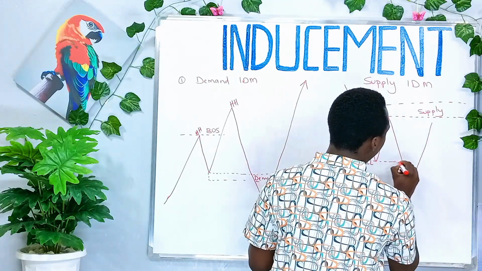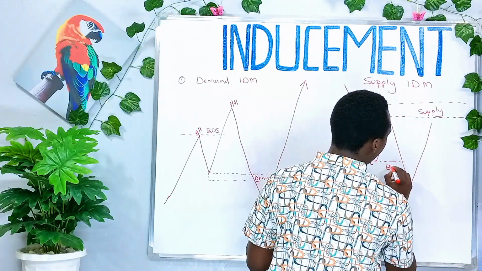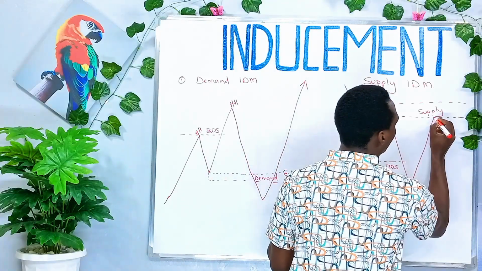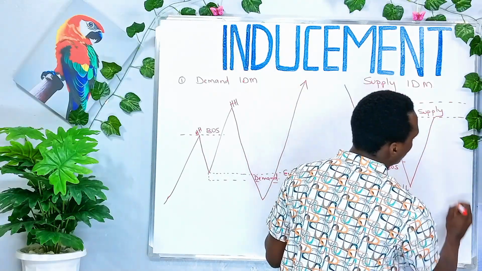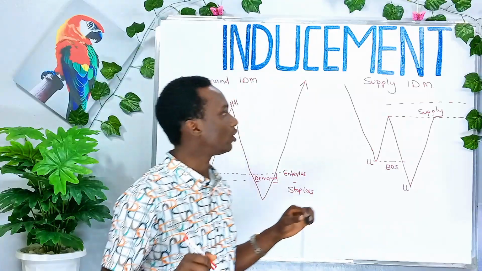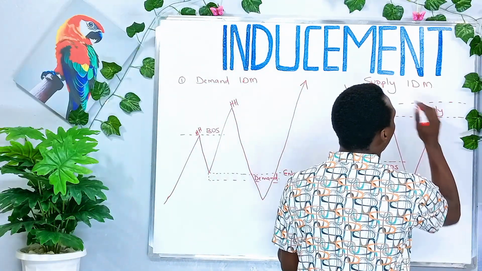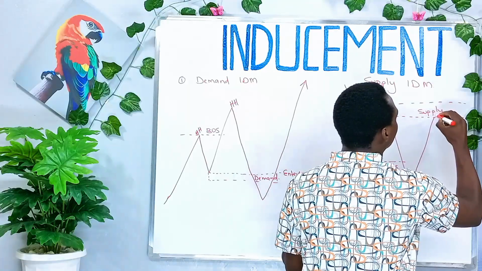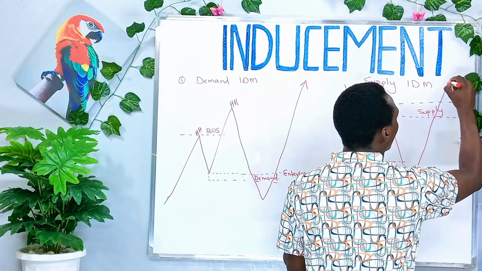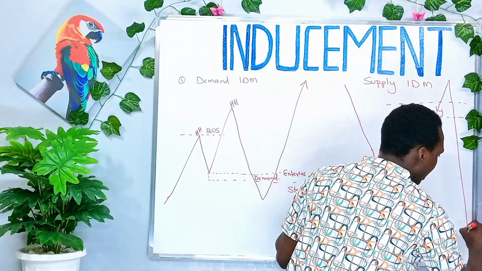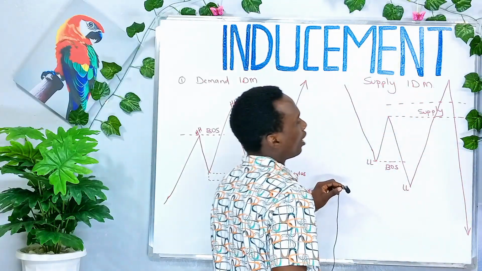Remember, here we have created a break of structure. So we expect the price to bounce off this level and continue forming lower lows and lower highs. Instead, to form a supply inducement, the market will come take all this liquidity and then go down, forming lower lows and lower highs.